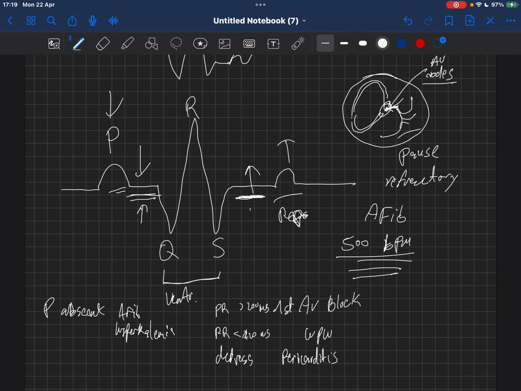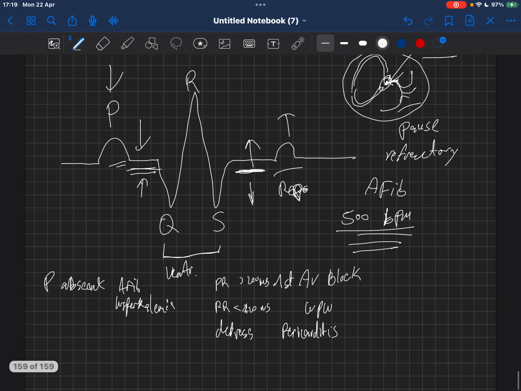We have the ST segment, which can be elevated in ischemia or depressed.